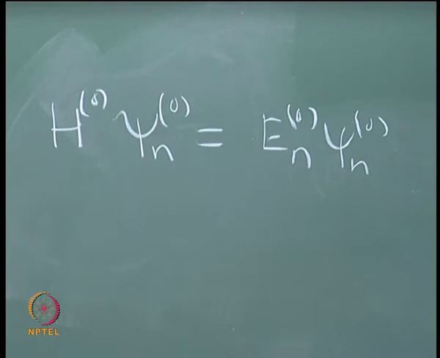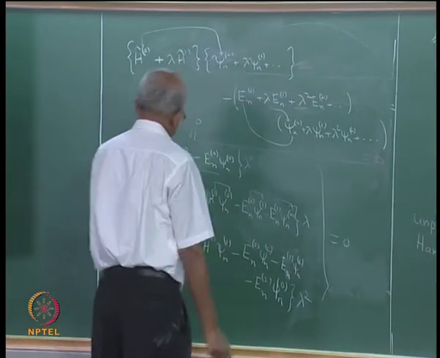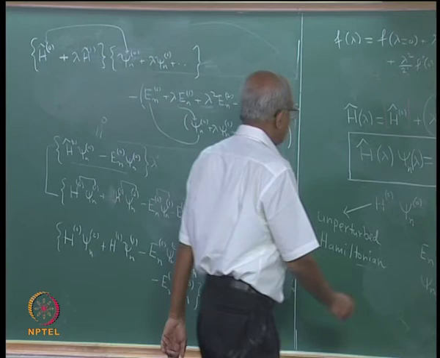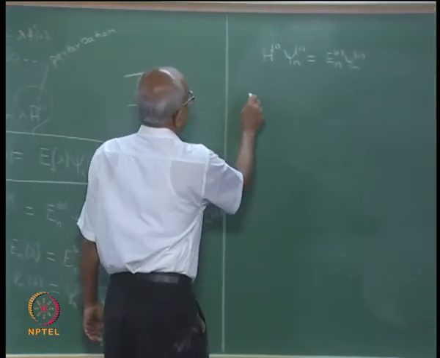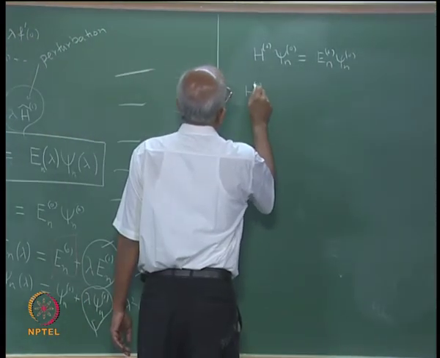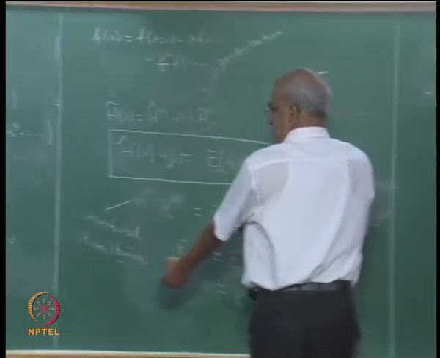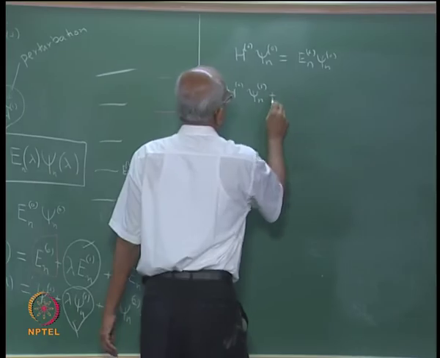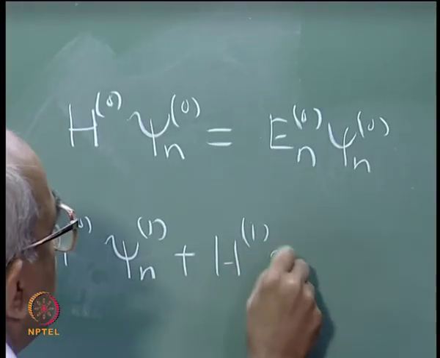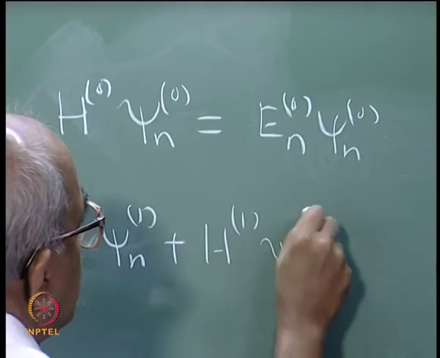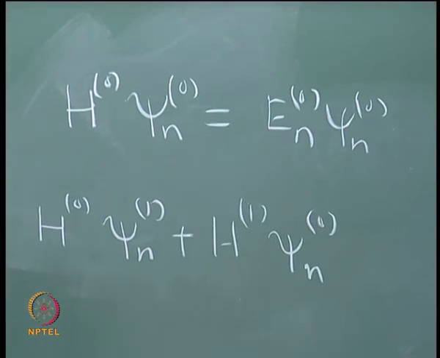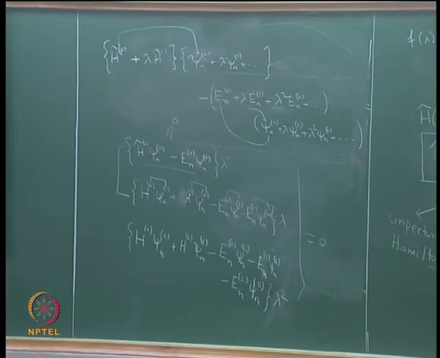Well, if you look at the second equation, what is the second equation? It is the coefficient of lambda. What are you going to get? You are going to get H 0 psi n 1 plus H 1 psi n 0 minus E n 0 psi n 1 minus E n 1 psi n 0 equals 0.